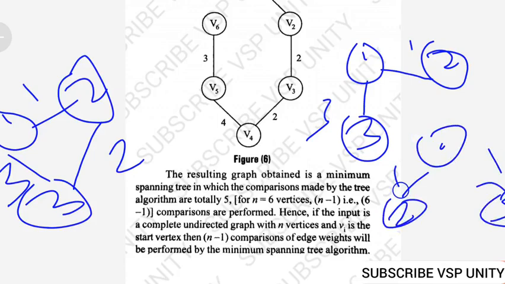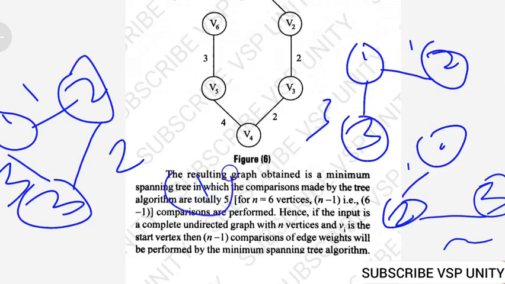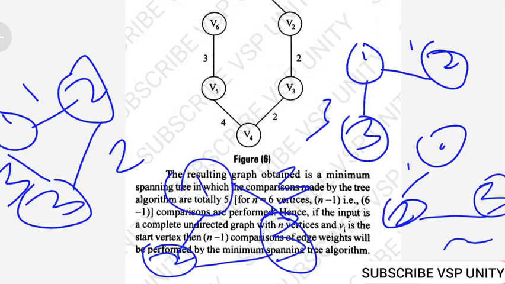From 2 to 3 we have 2. From 1 to 3 we have 3, and I'll remove this edge. Don't consider it. If you consider it, it will form a cycle, and then it won't become a tree.